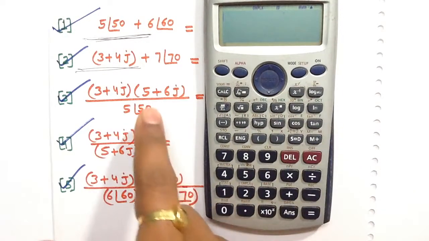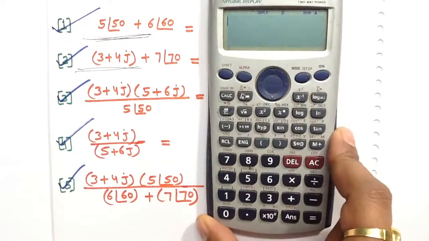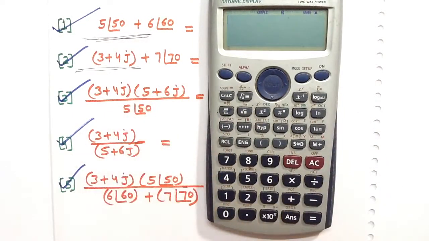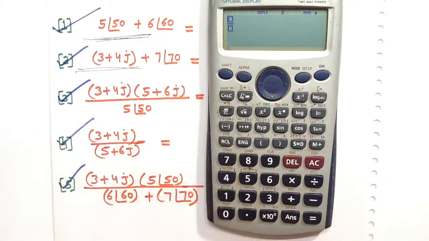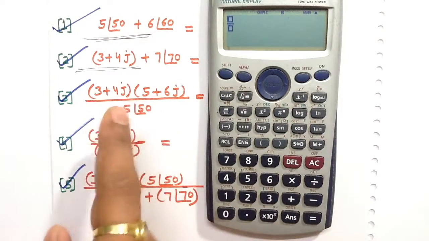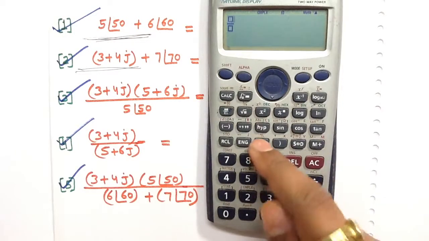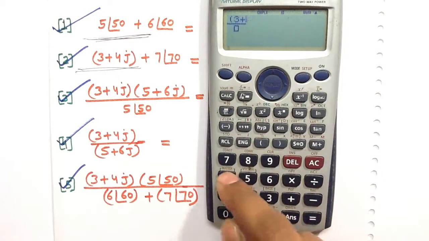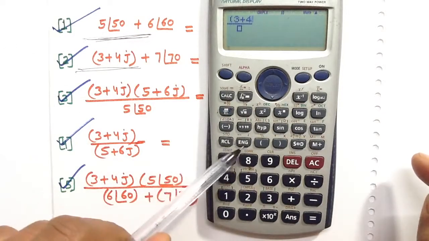In question number 3, we have to write the numerator values and the denominator values. So press this button, press this button. Now you can write the numerator and denominator simultaneously. So write 3 plus 4J; for J you have to press this button.